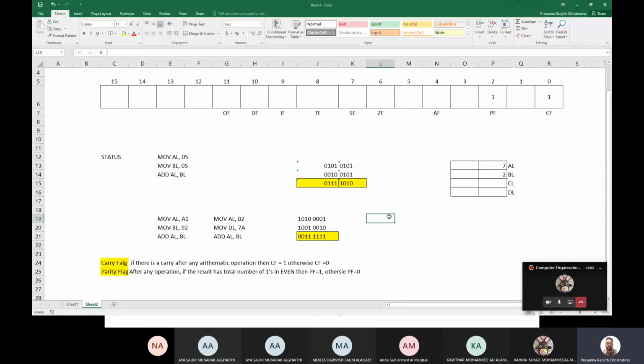Now tell me what happens. Tell me now. What is AL? B2, what is B2? How to write B2? Girls, I think you are not listening at all. What is B2 in binary?